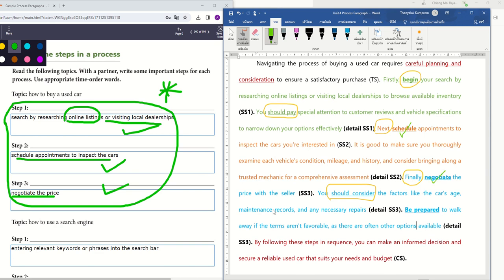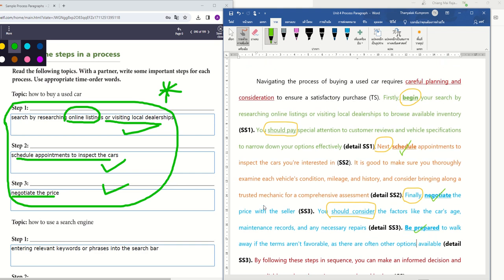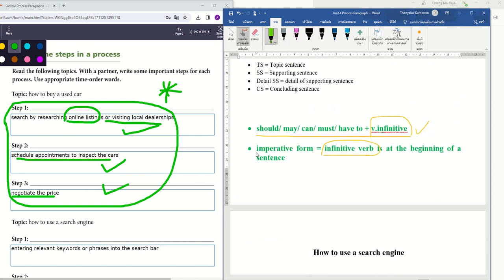Negotiate. See? Be prepared. So it is possible, not just only subject verb, but imperative form of verb, verb infinitive, can start the sentence in a process paragraph.